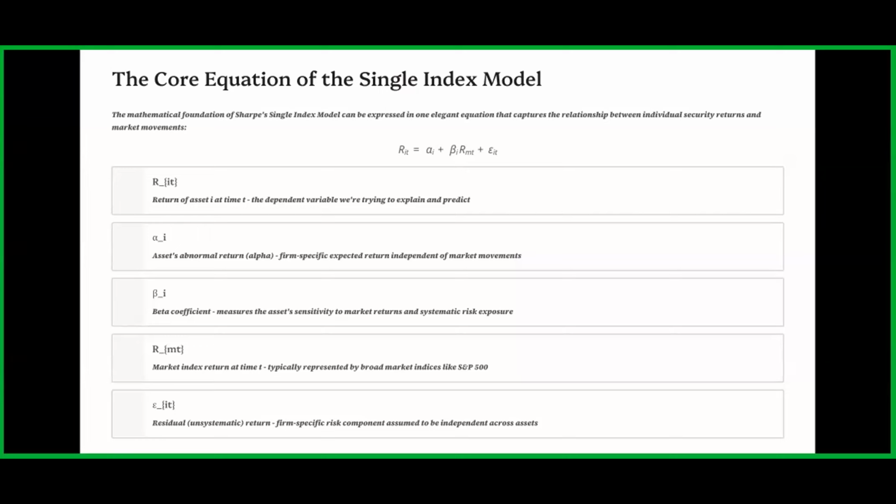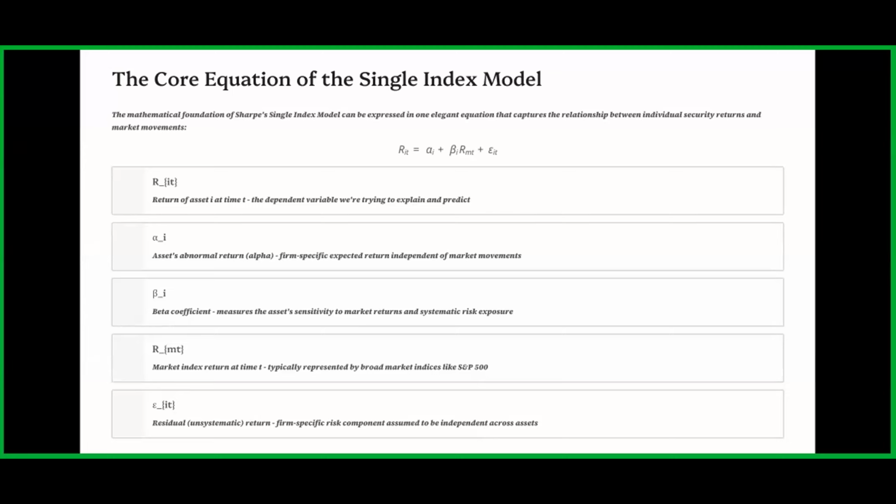Here we calculate only the return of the asset, that is R_it, the return of asset i at time t, the dependent variable we are trying to explain and predict. If we have 100 companies and I want to calculate the return of company number 15, I write R_15,t.